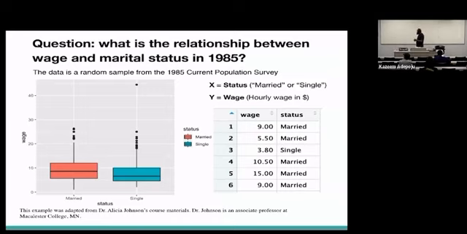And Y is wage, an hourly wage in dollars. Now we have a data set where the first person earns $9 per hour and is married. Another person earns $5.50 per hour and is married, and another person earns $3.80 per hour and is single.